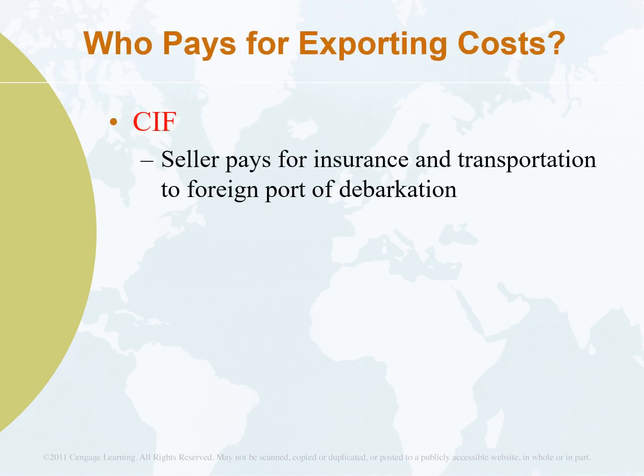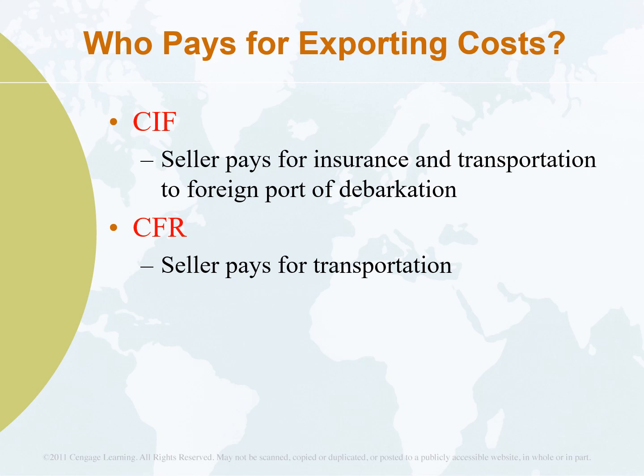Who pays for the exporting cost? When you do engage in importing, exporting, you will hear the terms about the quoting, how they quote prices. One type of price is called CIF. Right? What does that mean? Cost, insurance, freight. Seller pays insurance and transportation to foreign port of debarkation. Okay? There's also called CFR price.